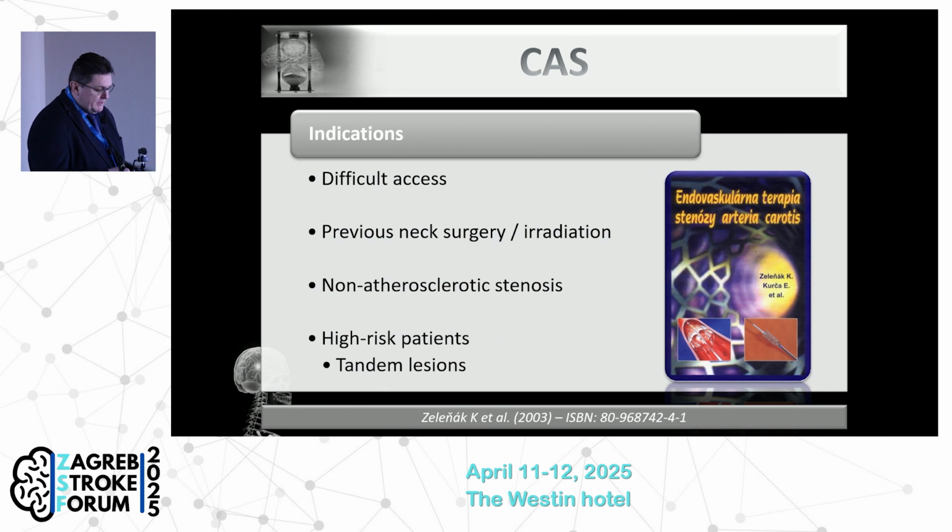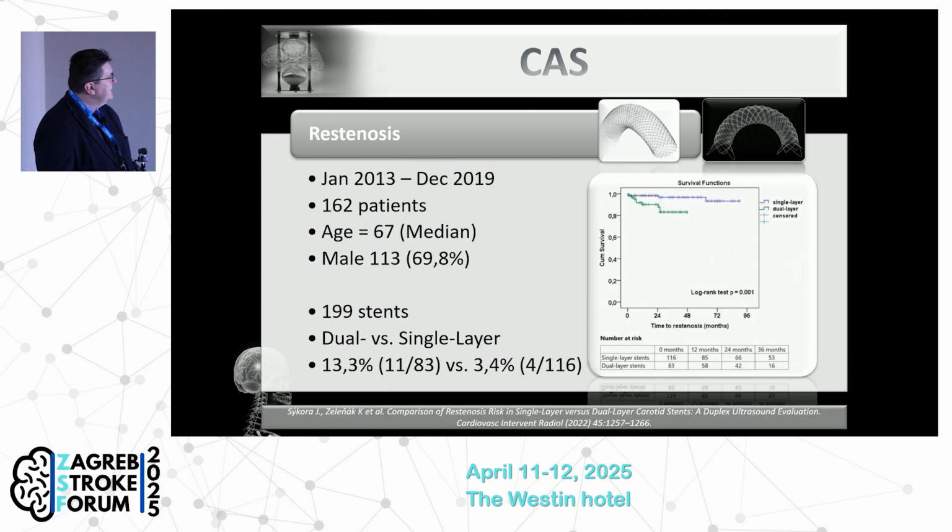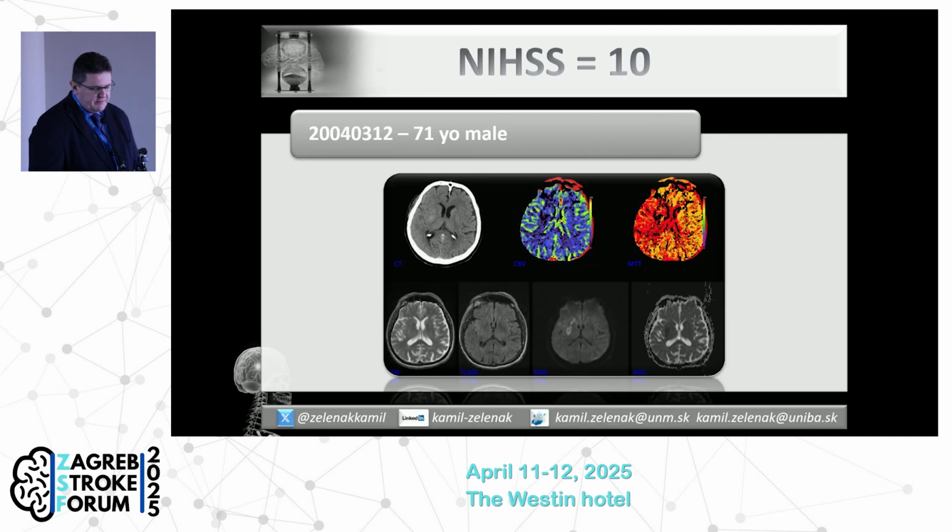And we published this book, and we followed the patients consequently, and we found what they hadn't estimated: that if you use a double layer design of the stent, the risk of restenosis in the long-term period is higher. This is what we found.